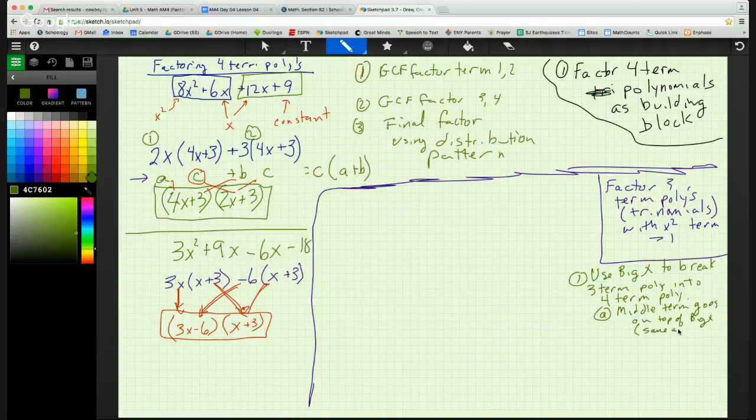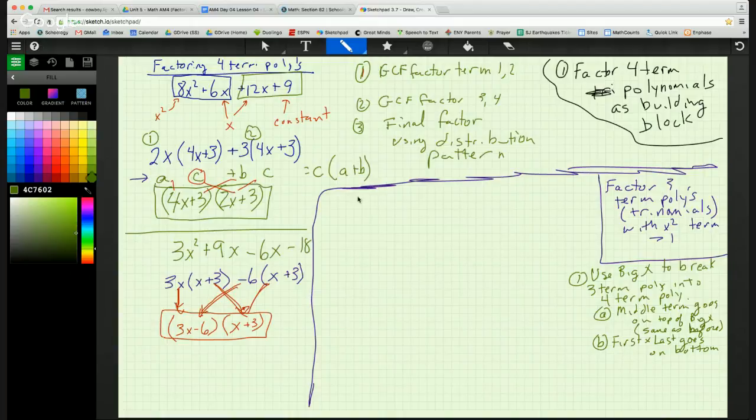And then the first times the last goes on the bottom. So that's a little bit different than before.